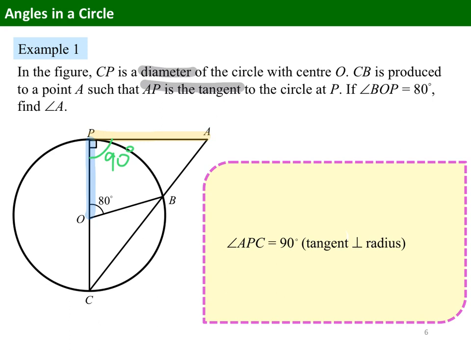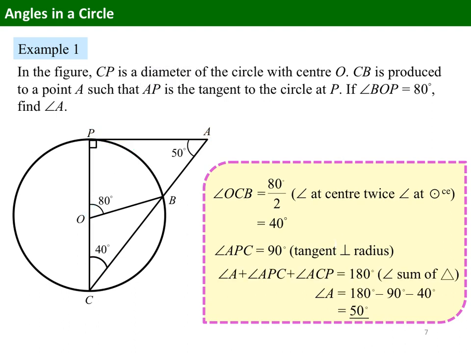As we have learned before, the angle at center is twice the angle at circumference. And then we have this angle equals 40 degrees. And in the triangle APC, by the sum of triangle, this angle can be calculated like this.